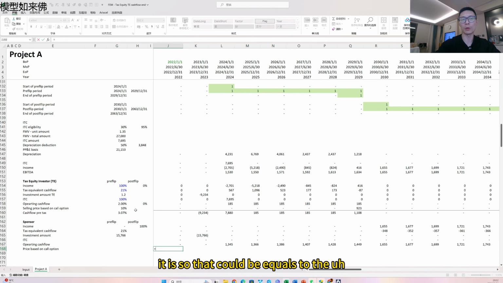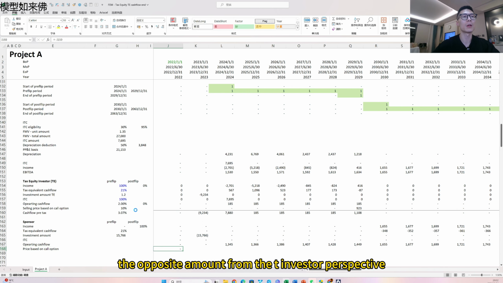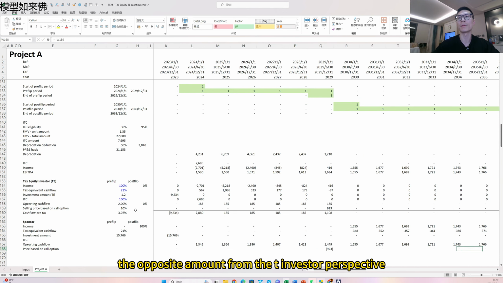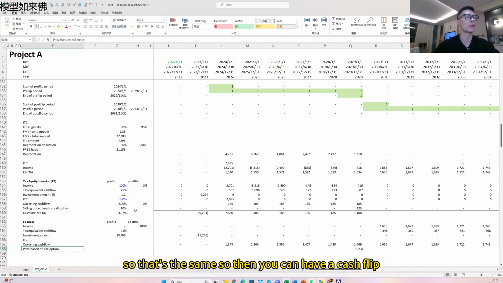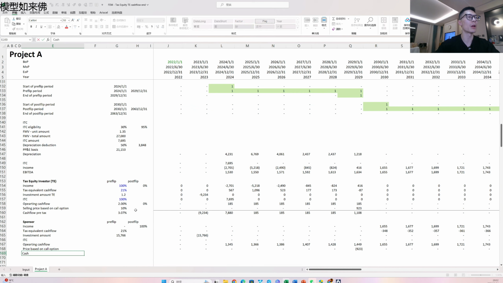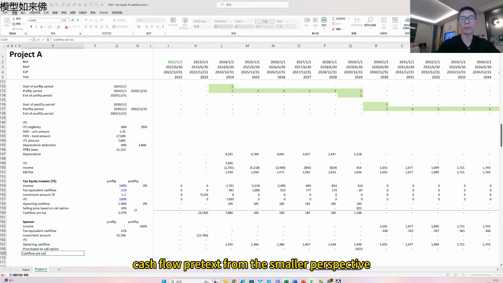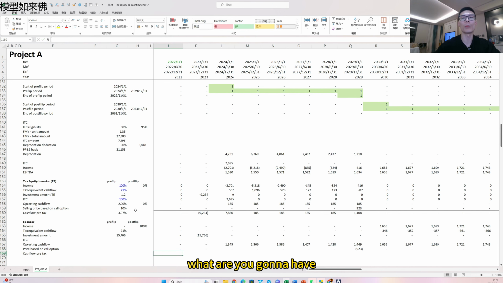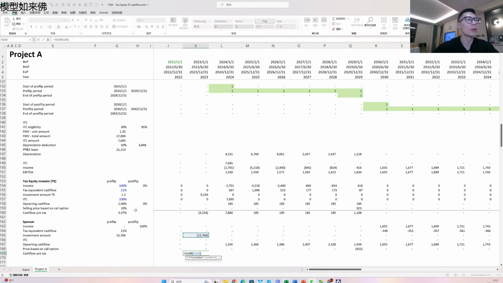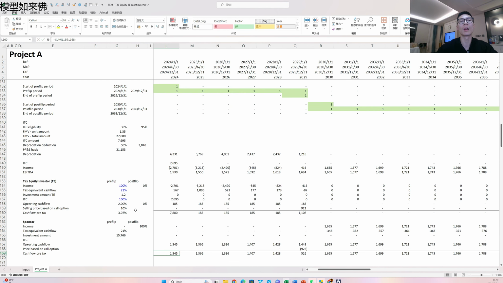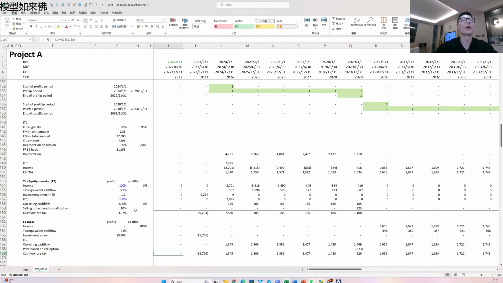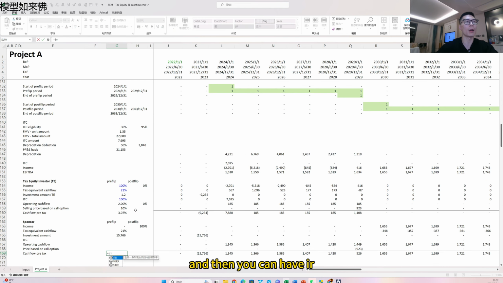That can be equal to the opposite amount from the TE investor perspective. So then you're going to have a cash flow pre-tax from the sponsor perspective. You can start from here, and then you can have IRR.